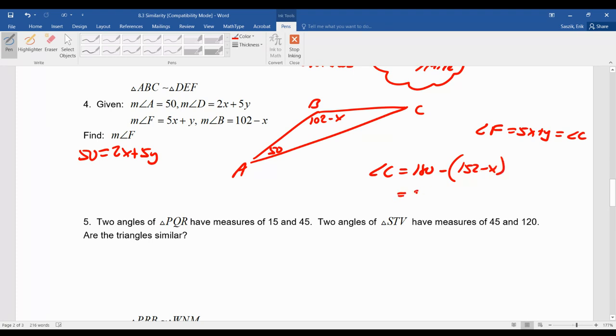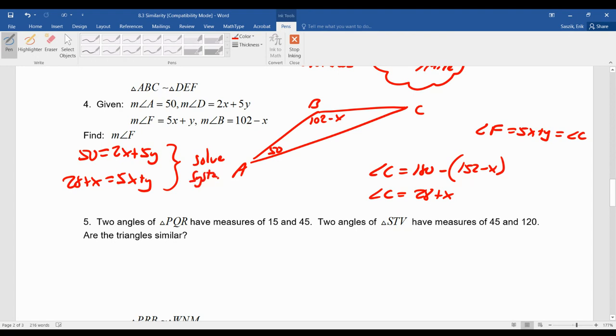Now, that's going to be 28, and then you distribute this negative, plus x. So angle C is equal to that, but remember, angle C is also equal to F. So 28 plus x is equal to 5x plus y. Sorry how sloppy this is.